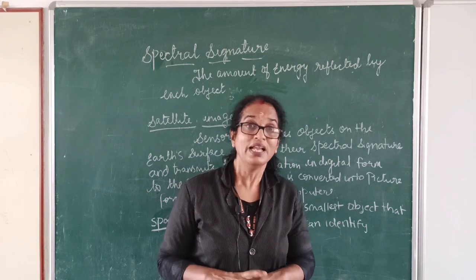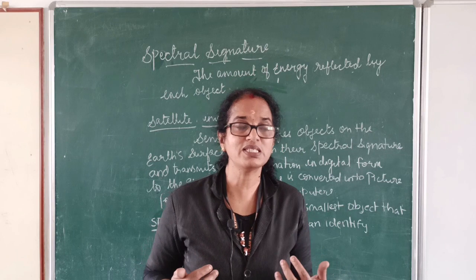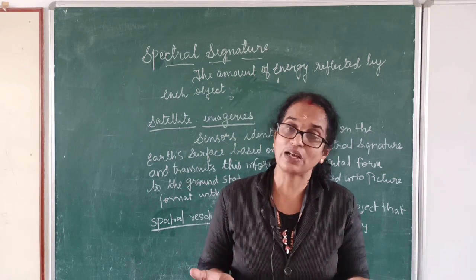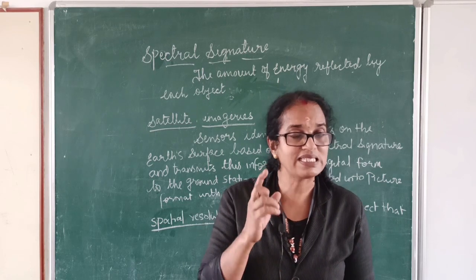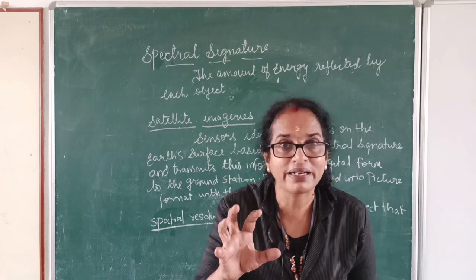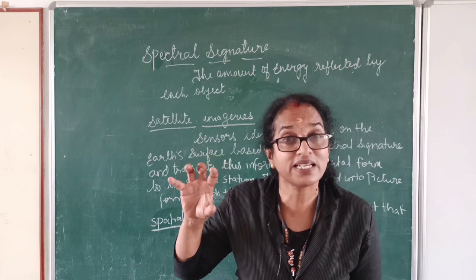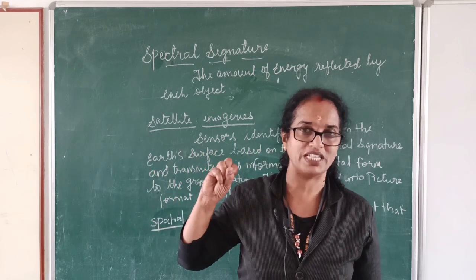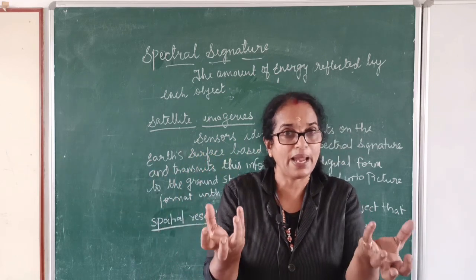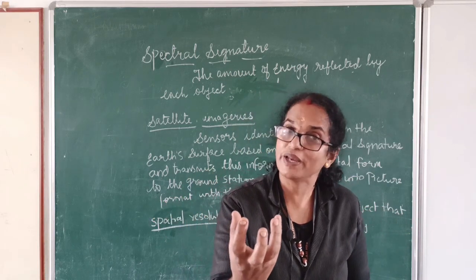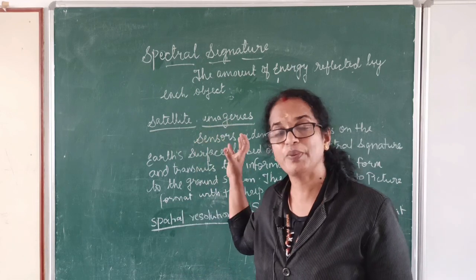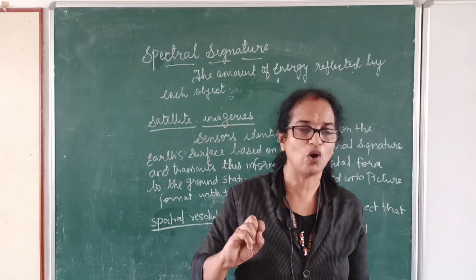Clear, children? Now comes, what does the sensor do? As I already said, the sensor will be recording the spectral signature of each object. What is spectral signature? The amount of energy, the radiation captured. The sensor will be recording the spectral signature of each object.